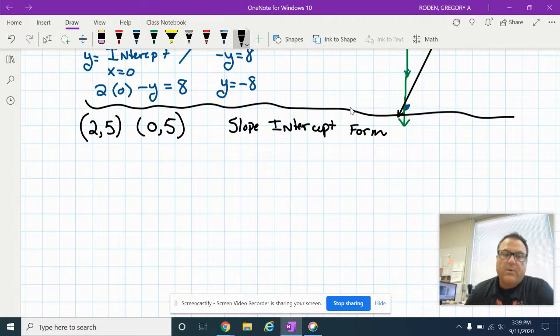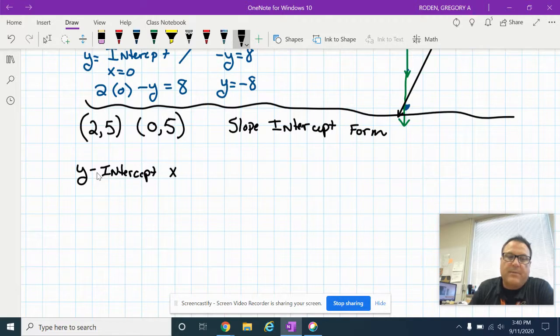Now, what information do you automatically know when you're looking at this problem? Well, yeah, you already know b. Because remember from our standard form that the y-intercept is always found by making x equal to 0. Remember that on those examples above?